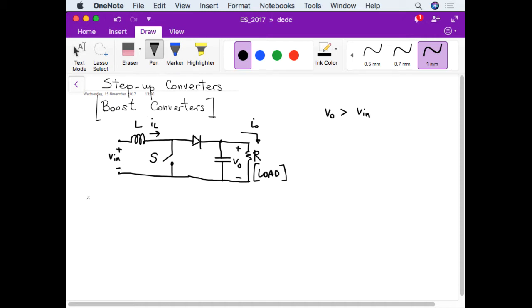Okay, so let's write the two phases. Switch is on. The voltage applied to the inductor, let's call it VL, is equal to V in. So L accumulates energy.